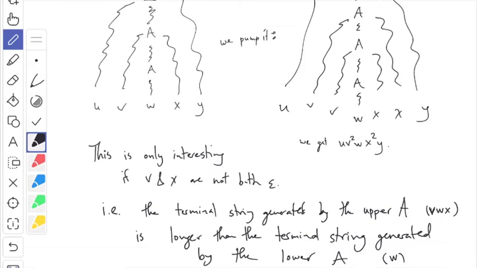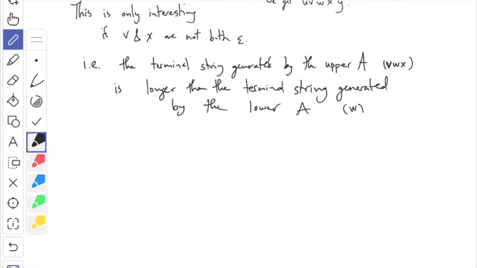It's actually longer than the string you get from the A below, all right? If this, what I just wrote, is satisfied, that's the only interesting case, and in that case, it has a name. This is called a pumping parse tree. So the definition is basically what I just wrote.